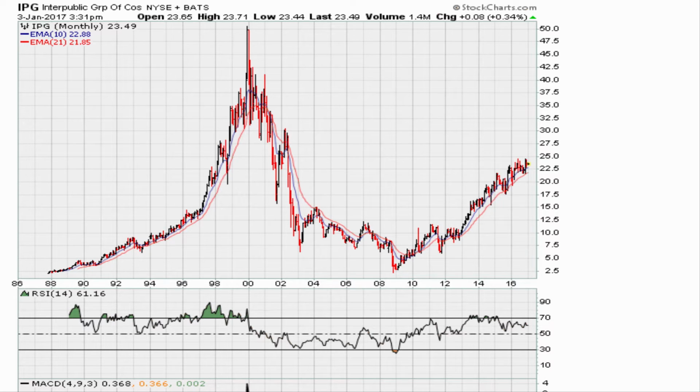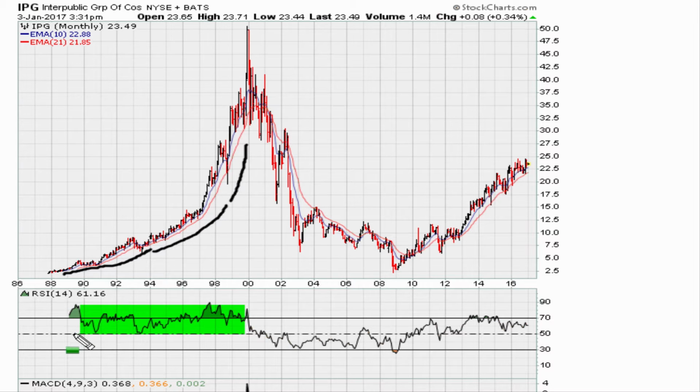And what we see right off the bat is that during periods when the stock is having a bullish uptrend, like between 88 and 2000, take a look at where the RSI generally was trading.